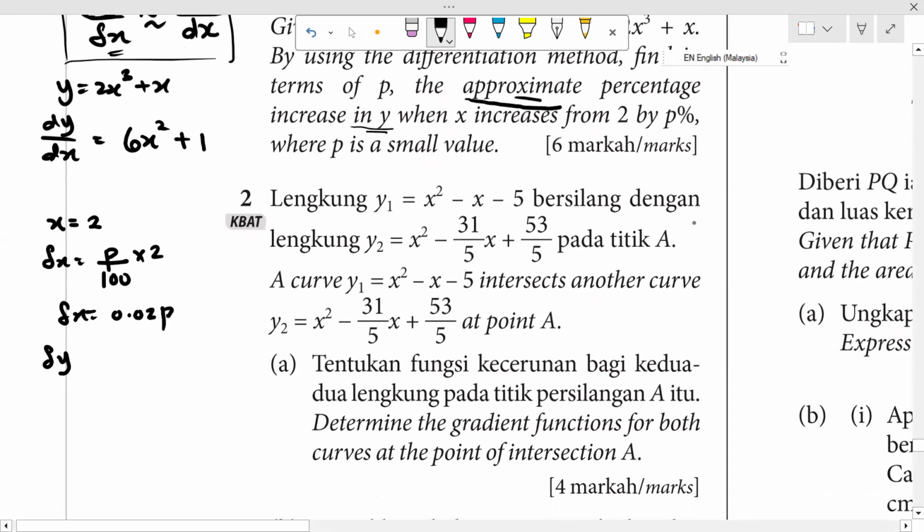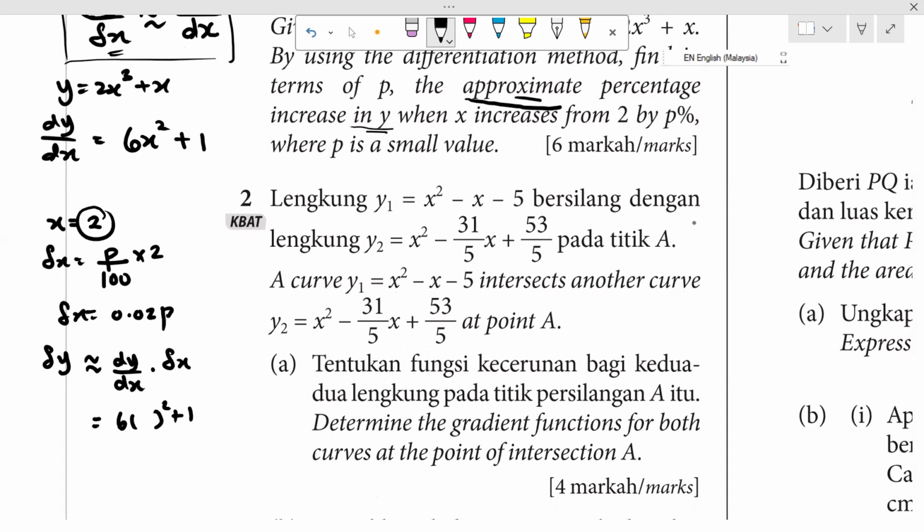So del y will be approximately equal to dy dx times del x. And dy dx is 6x squared plus 1 with the original x. Don't forget, you have to substitute the original x into your dy dx.